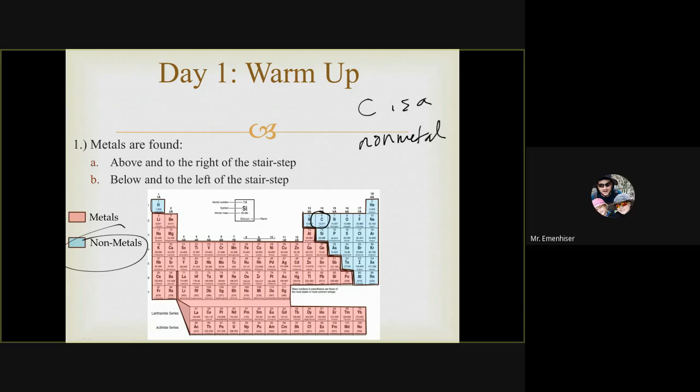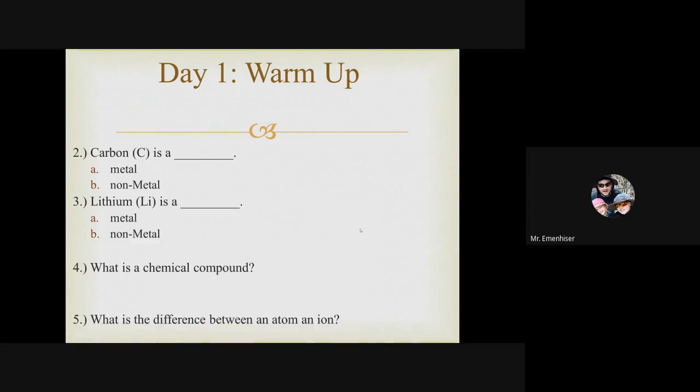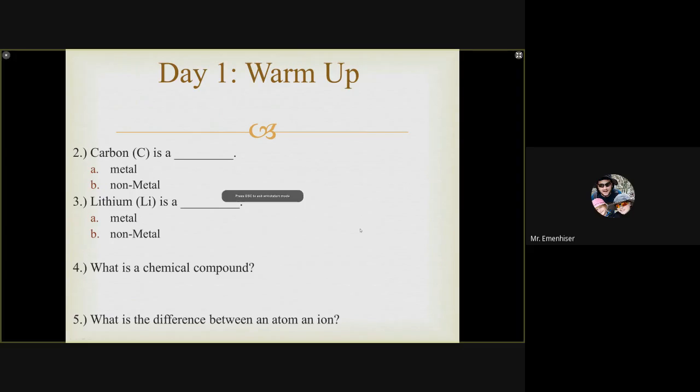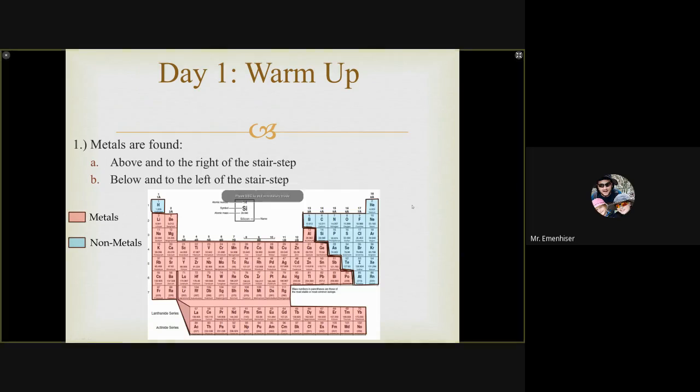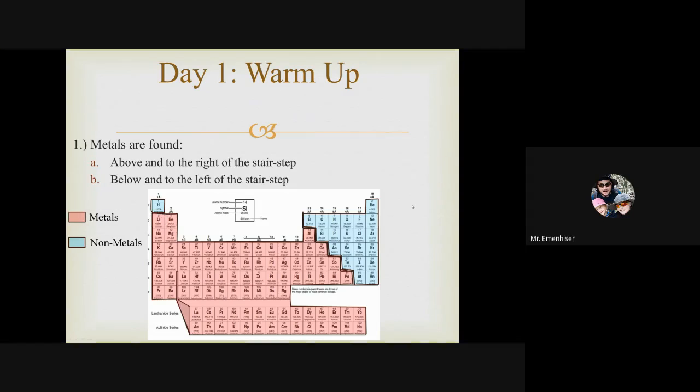Okay, and let's look at the next question. Lithium, Li, atomic number 3. If I look at lithium here on the periodic table, it's right there. So that would be a metal. It's in the pink area. Pink area is metals. So lithium is a metal.